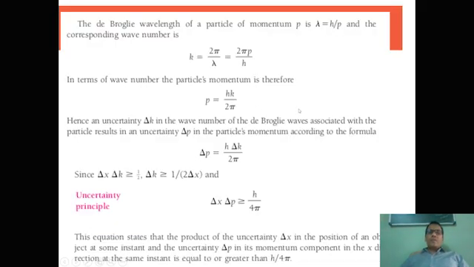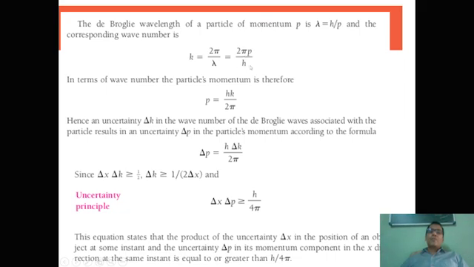Now, how can we derive this relation by using de Broglie's concept of matter wave? From de Broglie's wavelength, we have the relation lambda equals h upon p, and the wave vector k can be defined as 2 pi by lambda. By putting in lambda from this relation, we have k equal to 2 pi p by h.